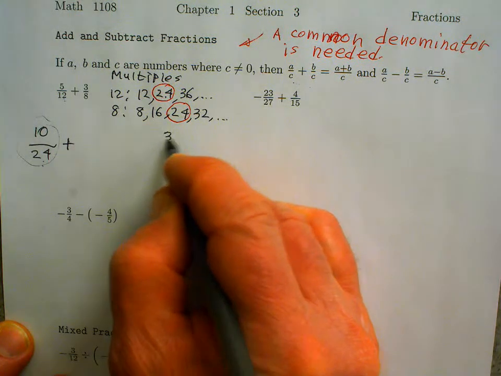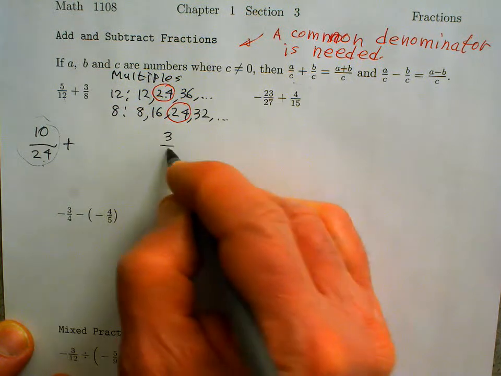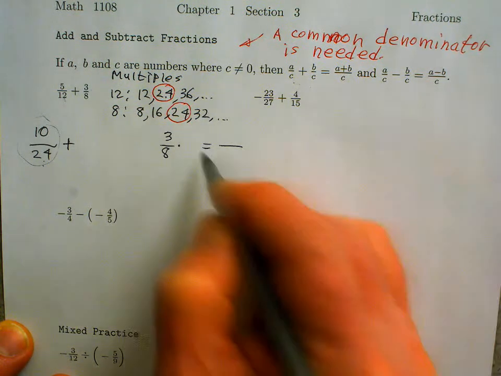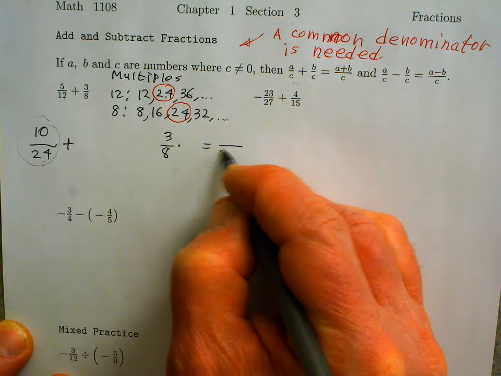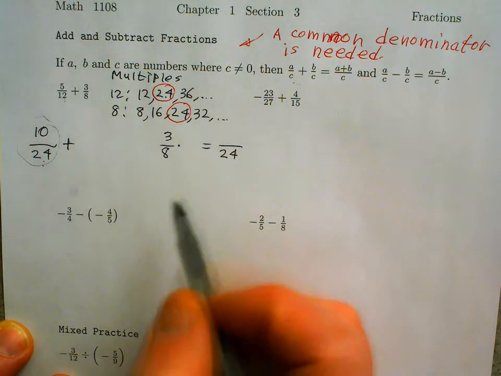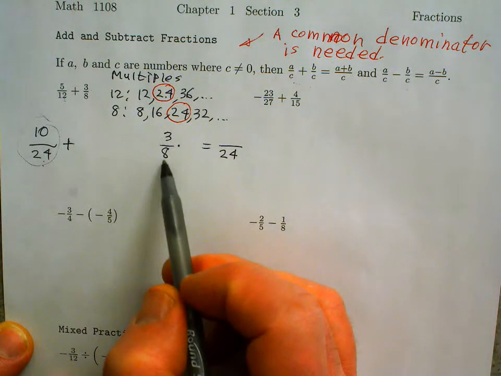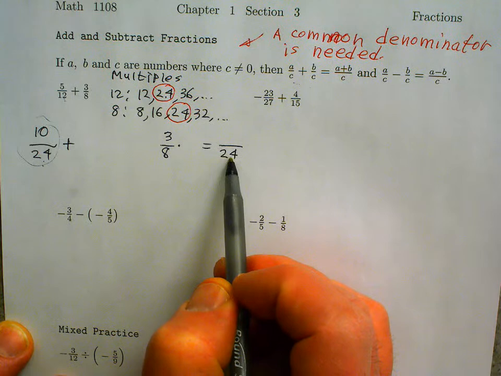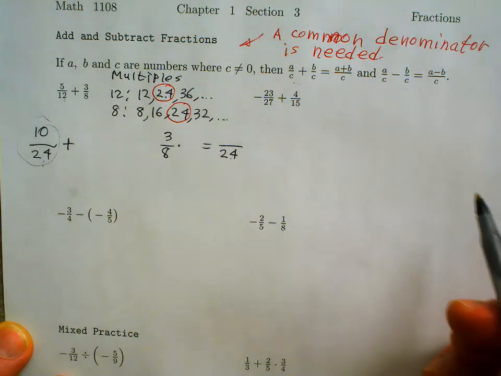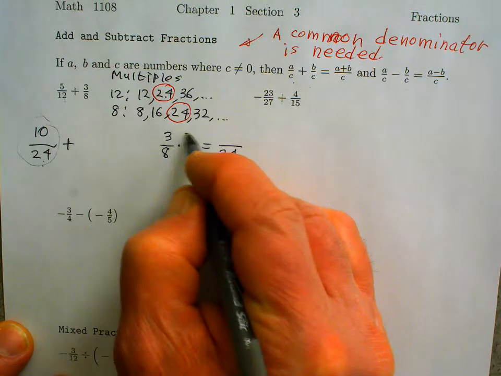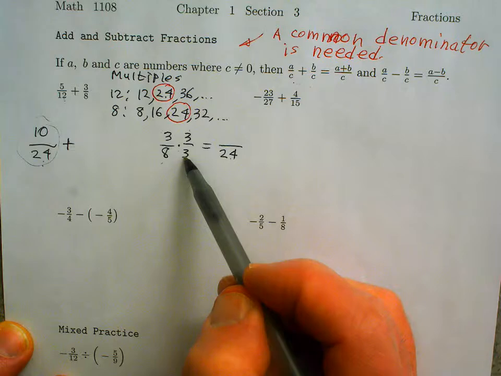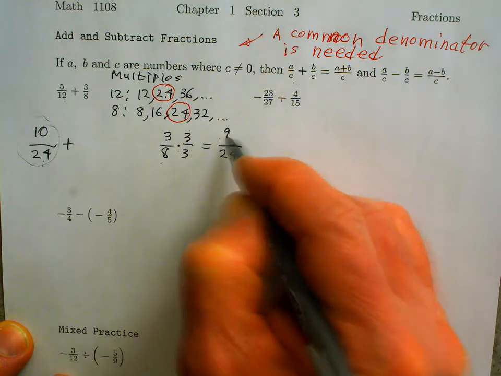And then I'll show you another way. If we start with the fraction 3/8, and we want to end up with a fraction that has a denominator of 24, well, we can ask, what would I have to multiply this denominator 8 by in order to get 24? 3. So if I multiply by 1 in the form 3 over 3, 3 over 8 times 3 over 3 is 9/24.